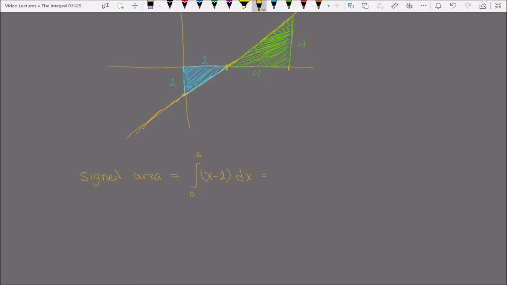And that is going to be, since area 1 is negative, area of a triangle is 1/2 base times height. Then it'll be plus the area of that second triangle, which is again 1/2 base times height. We get negative 2 plus 8, which is equal to 6. That is our signed area.